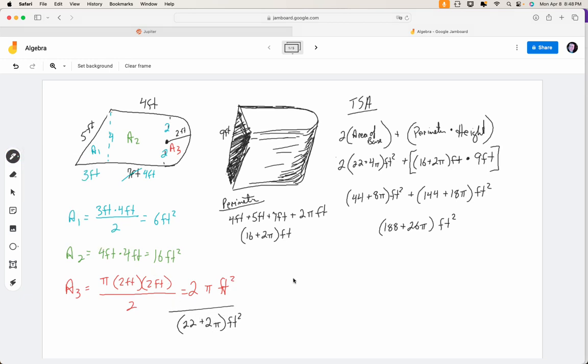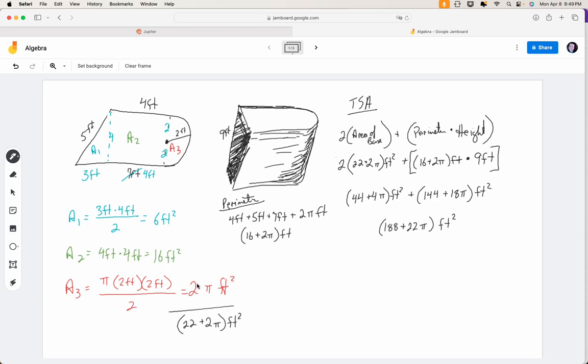Okay. So now I need to put that in here. Change this. So that would be 2. So then this would be 4. So then this would be 22. All right, so there's where I made a mistake right there. So 2 times 2 is 4, divided by 2 is 2, 2 pi feet squared.